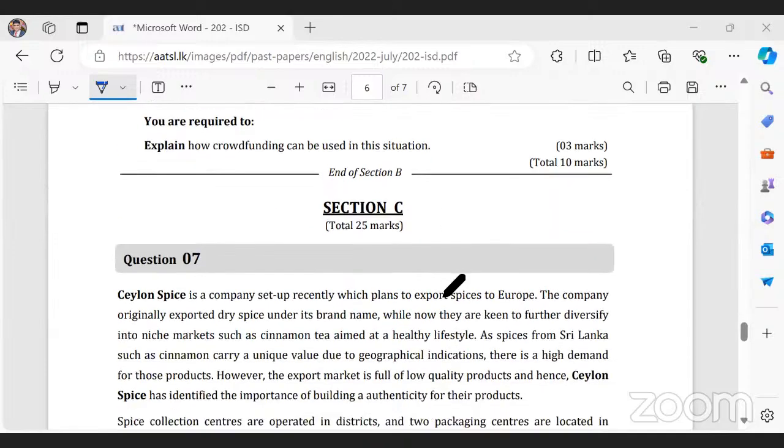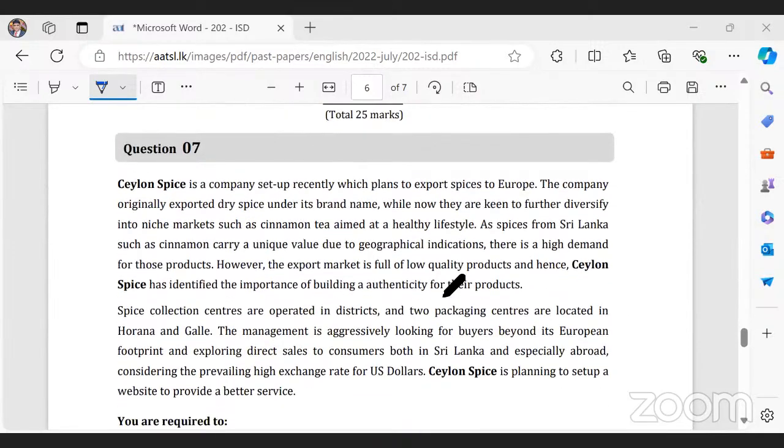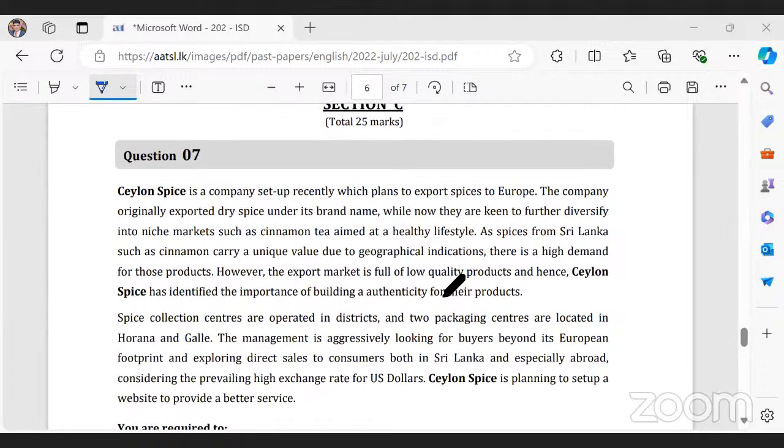Right. Question C is very important. There is a very mini case study, right? Ceylon Spice. First of all, you have to understand this case study thoroughly, one time or two times.